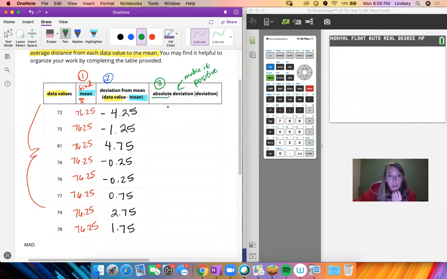So that becomes 4.25, 1.25, 4.75, 0.25, 0.25, 0.75, 2.75, and 1.75. If it's already positive, it just stays positive. Obviously, you don't make it negative.